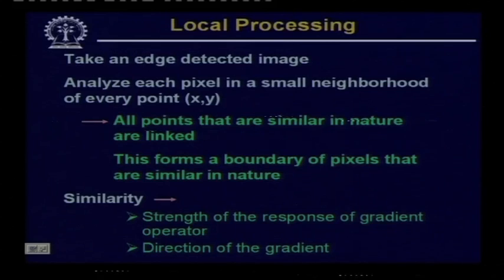When we say that we have to link the edge points which are similar in nature, we need some similarity measure. Remember that after the edge detection operation, for every edge point we get two quantities. One is the boundary strength at that particular edge point, and the second is the direction of the edge at that point.